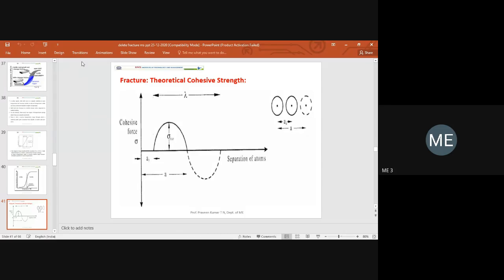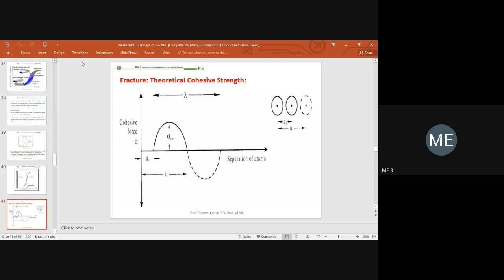In the microscopic or atomic level, there is a breaking of bonds between two atoms. Wherever there is a fracture region, or a crack propagates, there is a strong atomic bond. Whatever the amount of stress you apply, in terms of mechanics of materials, whatever the amount of force you use or energy you spend for fracture, that should be able to break the atomic bonding.